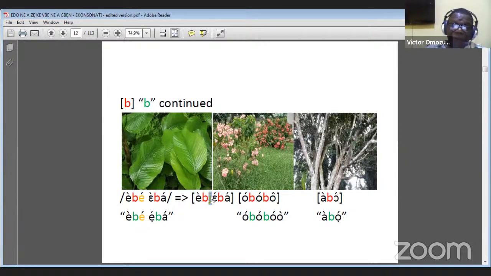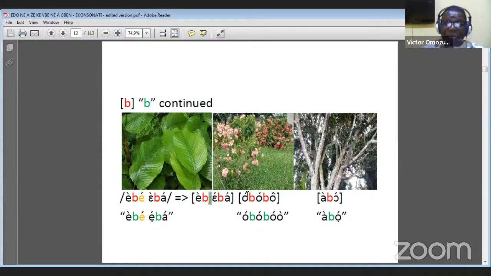You can see that I have highlighted there on the screen. So the A becomes yi. In the language, there are 2 vowels that can be realized in that position. In Edo, it is either E or A. So A in this particular instance.